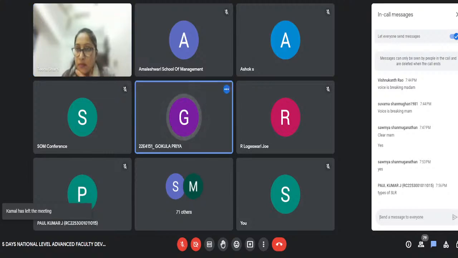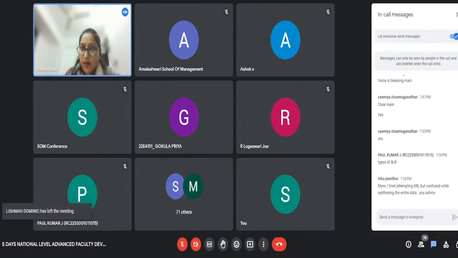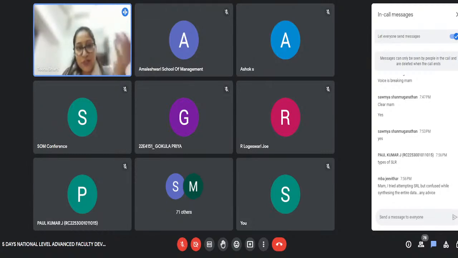The first question is about the types of SLR. Nowadays we are going through a lot of SLRs, and systematic reviews are generally in the narrative form.